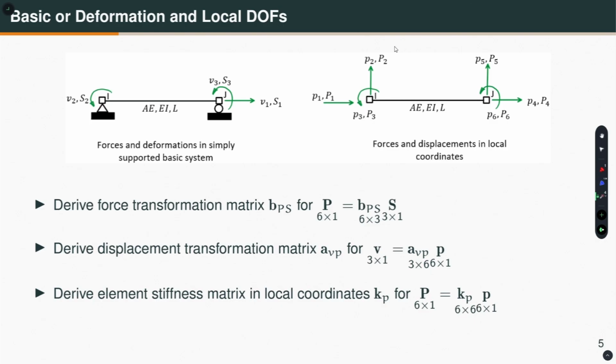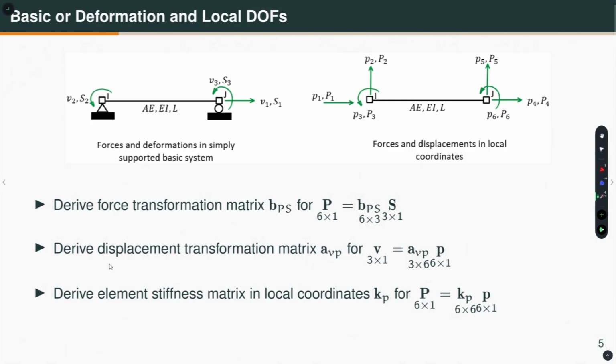We would like to derive a force transformation matrix, so that we can take these forces S from the basic to the local, and I will use a notation called B sub PS. PS stands for going from S to P. So, the force S is mapped from the basic to the local through this transformation matrix, which is called BPS.